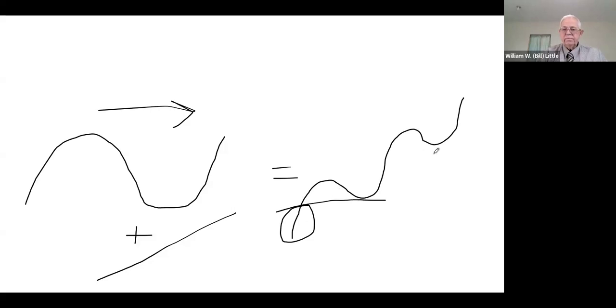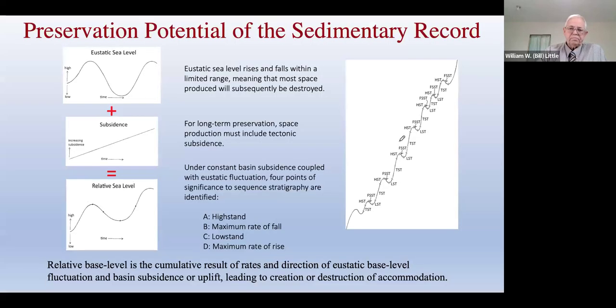Same thing over here. And so in a stratigraphic column, what we see is this part stacked on top of that part, and the upper parts of the cycles are not maintained. To visualize that a little better, I've written it out here.